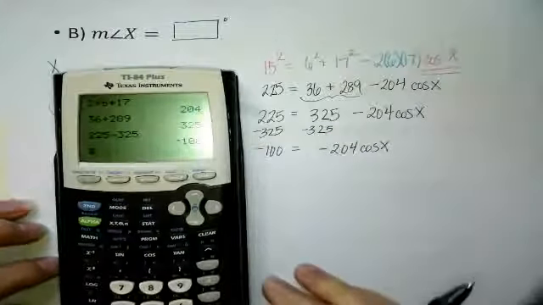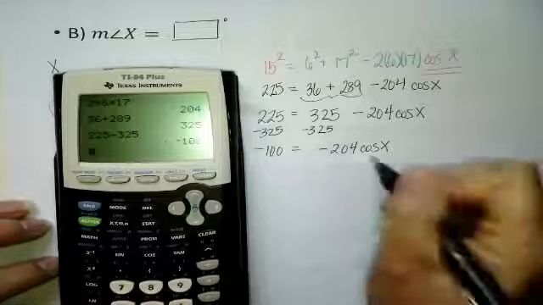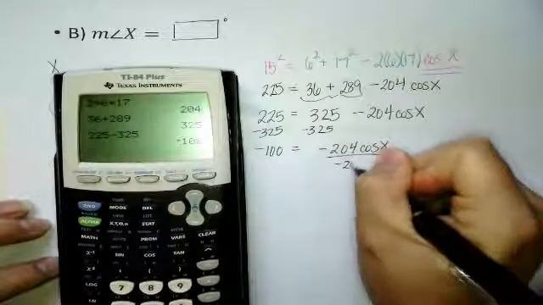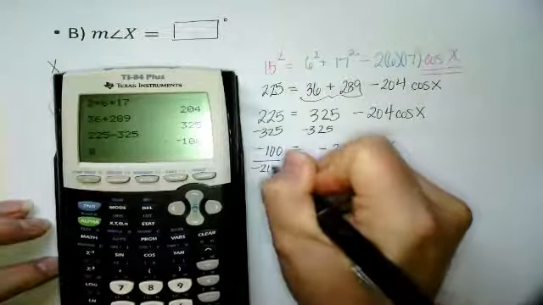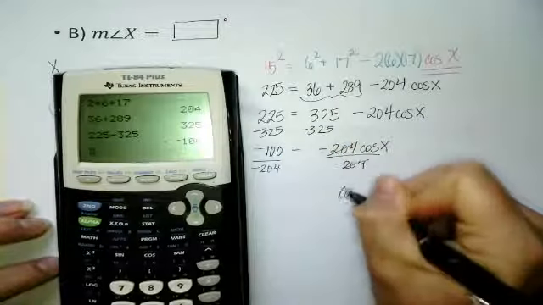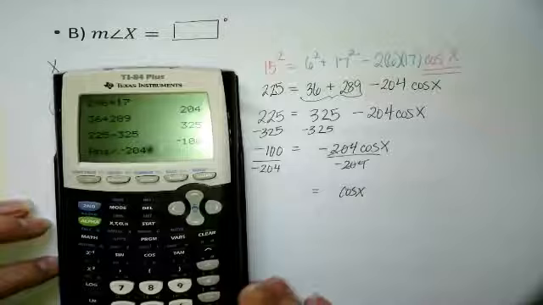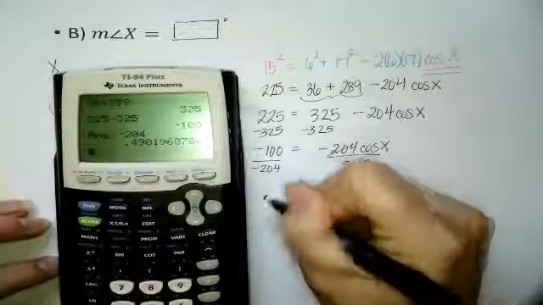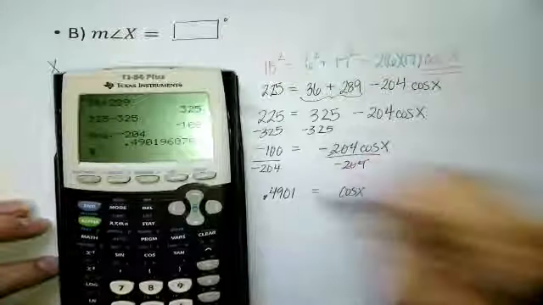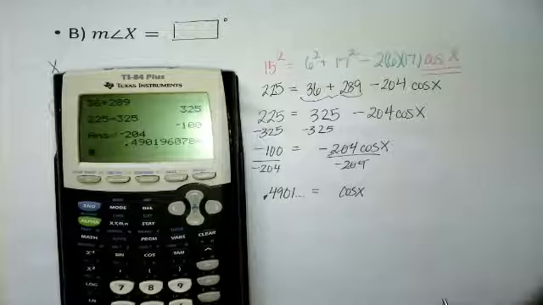Equals negative 204 times the cosine of x. And to get cosine of x by itself, I have to divide by negative 204. So divide by negative 204, and I get 0.4901, yada, yada, yada. Do not round.